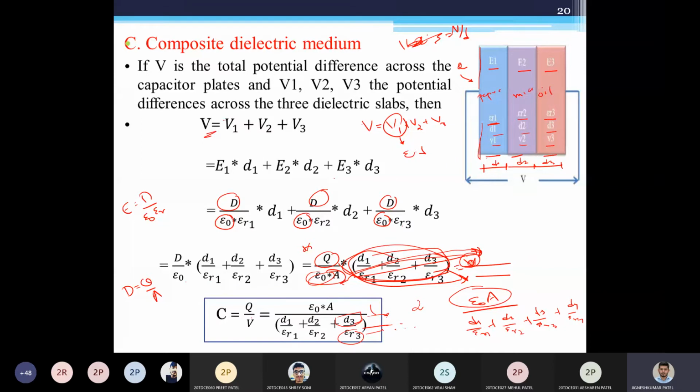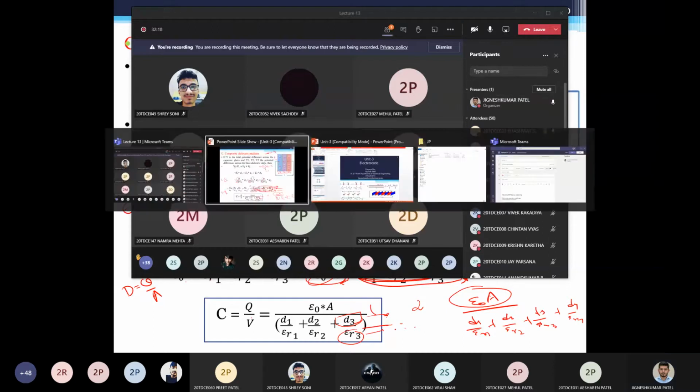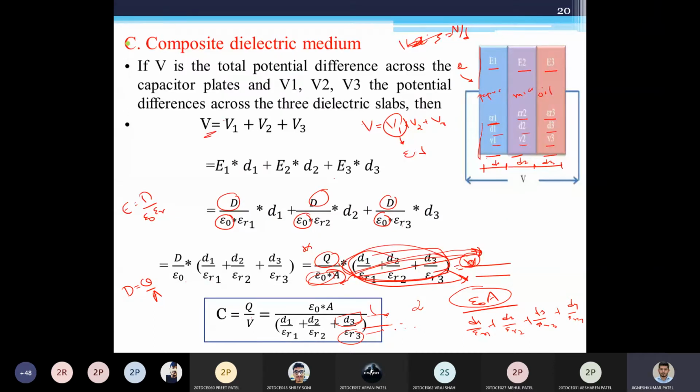Sir, which capital D? Yes, this D is capital D here. D is Q by A, where Q is the flux.